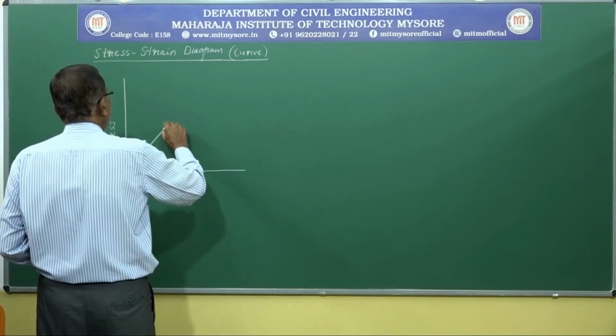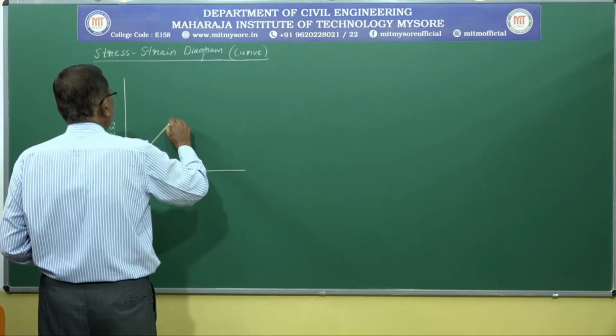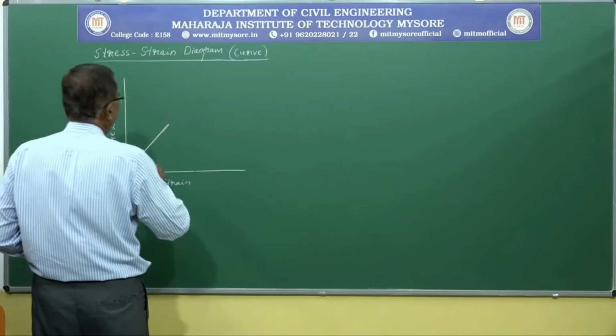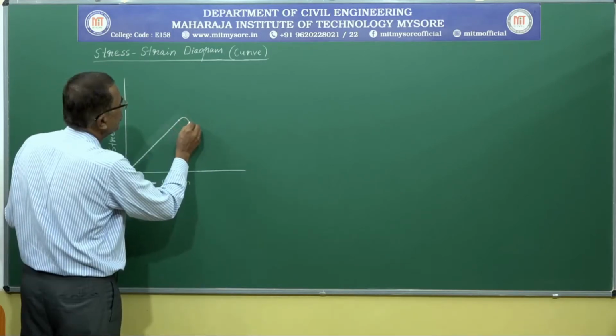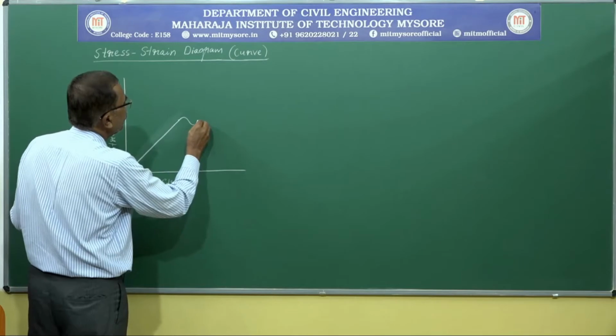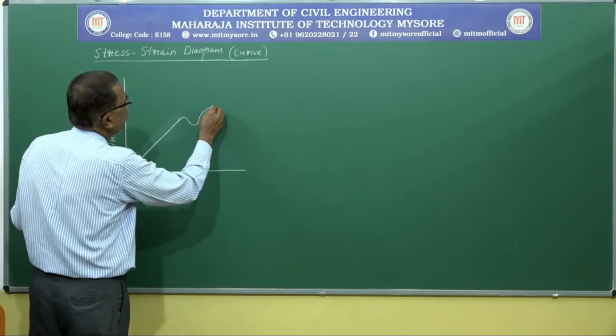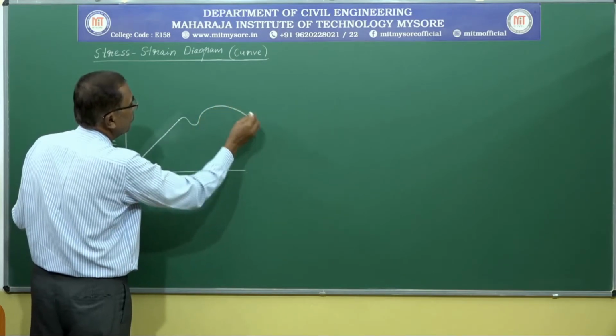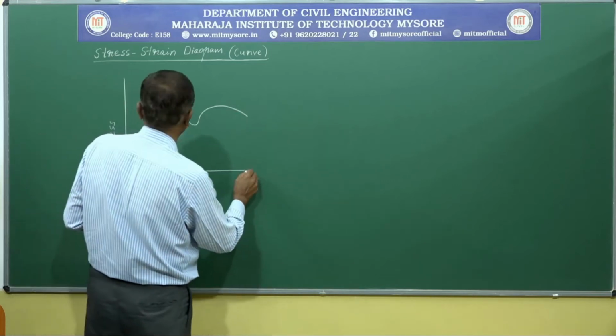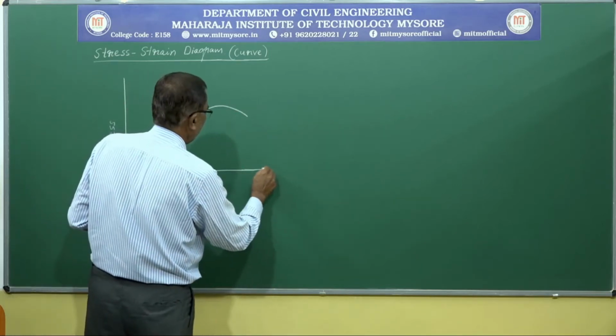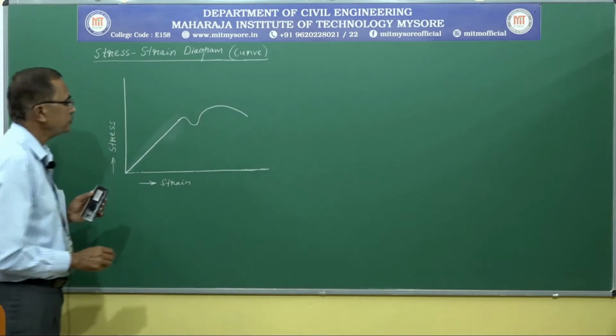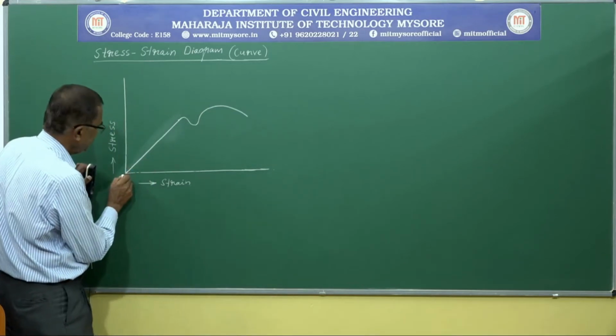You can see here a linear portion of the curve up to a certain limit. Something like this.